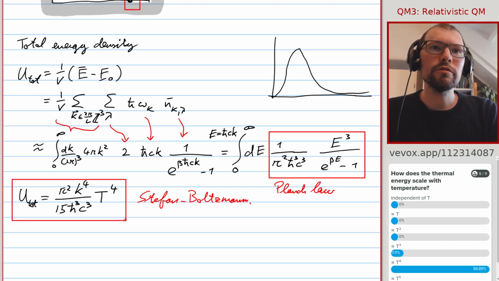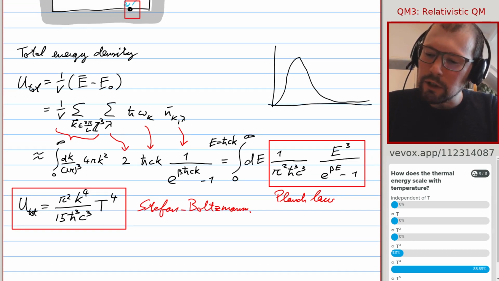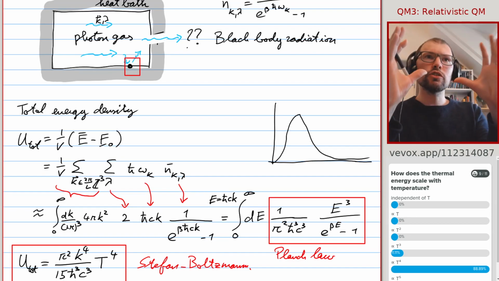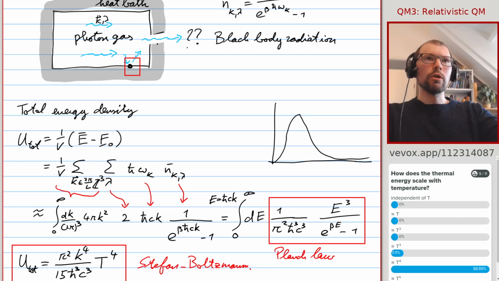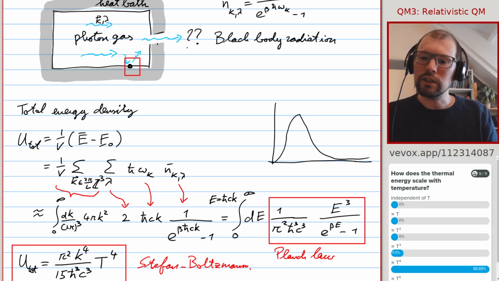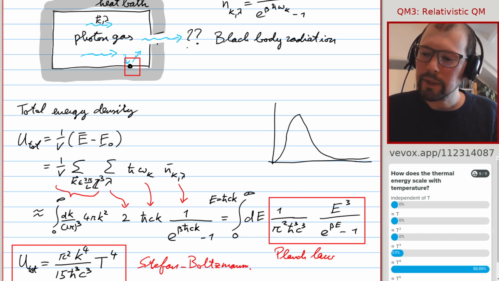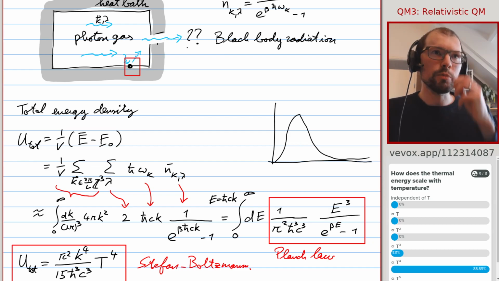Which should be familiar, I think. Really this is Stefan Boltzmann's law for the total energy stored in a photon gas in equilibrium. Usually you think of Stefan Boltzmann's law as the power emitted by a black body. But that is really the same formula, up to a factor of the speed of light.